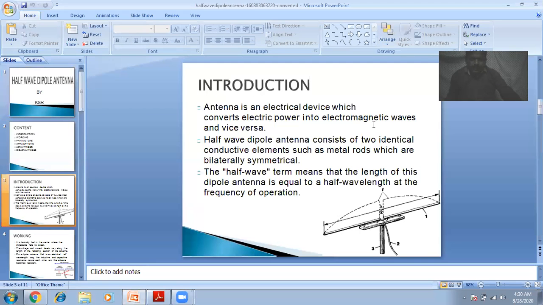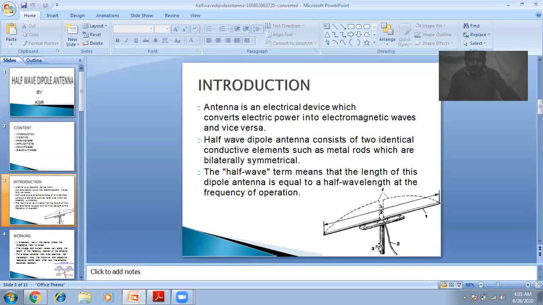Okay. So an antenna is an electrical device which converts electrical power into electromagnetic waves or vice versa. The half-wave dipole antenna consists of two identical conductive elements such as metal rods which are bilaterally symmetrical. This structure is symmetrical with respect to the center position. This is called the feed position, since we are applying the power to the antenna at the center.